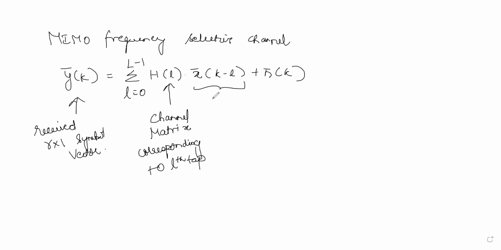And this one is the transmitted T by 1 symbol vector, and this one is the receiver noise, that is, the R by 1 receiver noise vector.